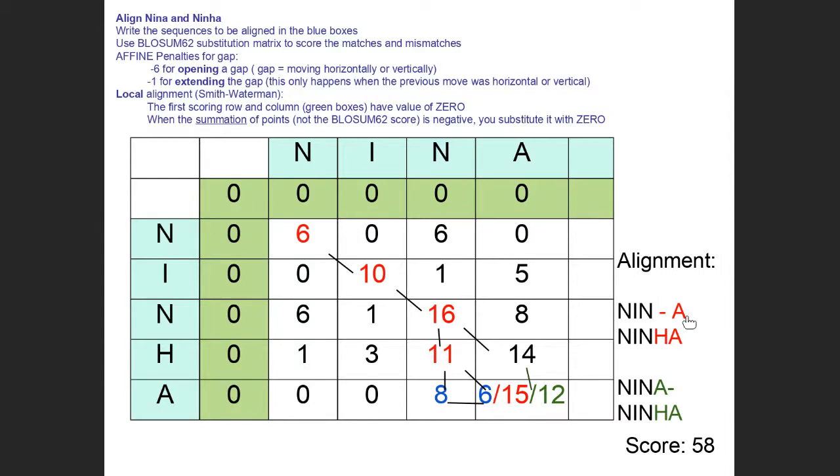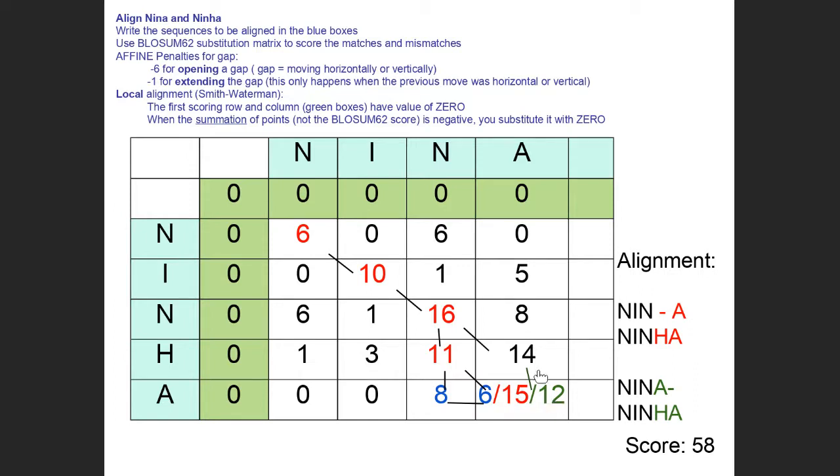Now, how do you do the alignment from here? It's the traceback. Let's do the red one. If this 15 came from diagonally, that means I accepted that A and A should align with each other, even if they were not the same letter, which is the case of the 12.